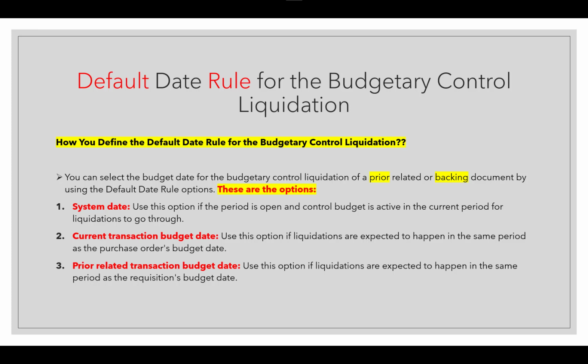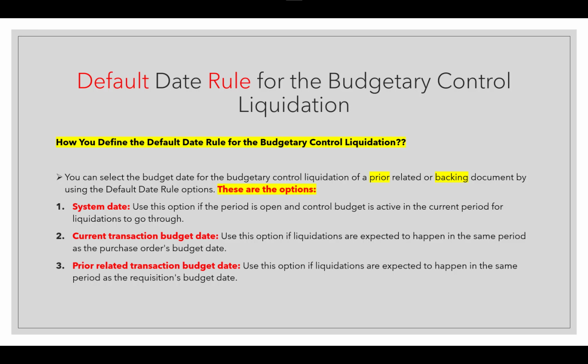For example, you can make a PR in October and convert this PR to a PO in November. In case you need to use the same date of the requisition, you can use the period related transaction budget date option. System date is used when the period is open and the control budget is active.